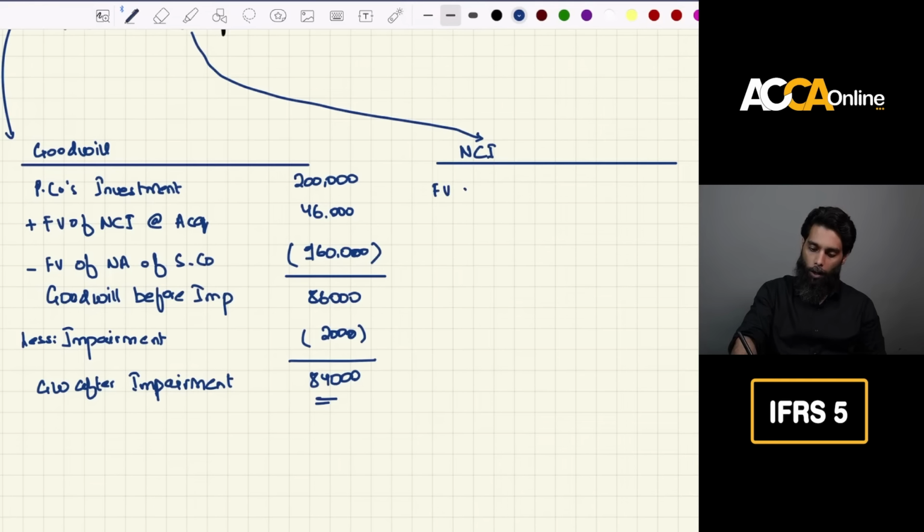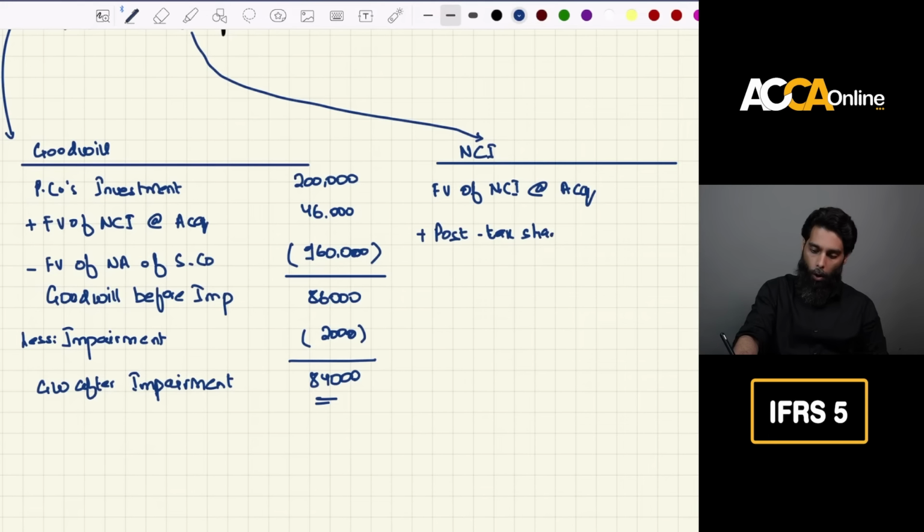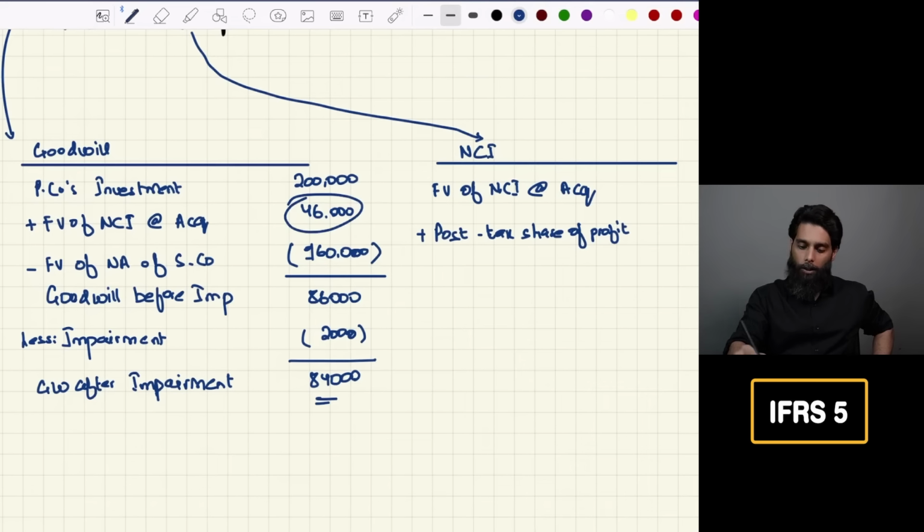So the formula was fair value of NCI at the date of acquisition, plus post tax share of profit or loss. So starting with fair value of NCI at the date of acquisition, as a matter of fact, I already know that was 46,000. How do you calculate share of profit?